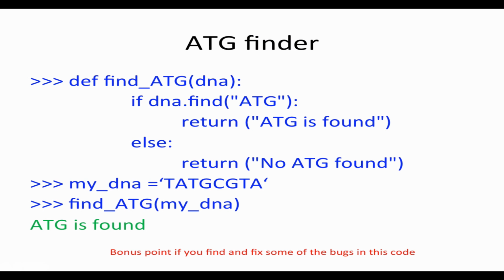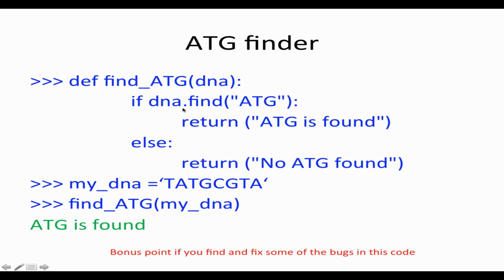Okay, so here's an example, trivial again, but something for you to try. So this is my find ATG function. Again, it takes as input some string of DNA. So I'm defining find ATG with a colon. I'm starting right in with the if.